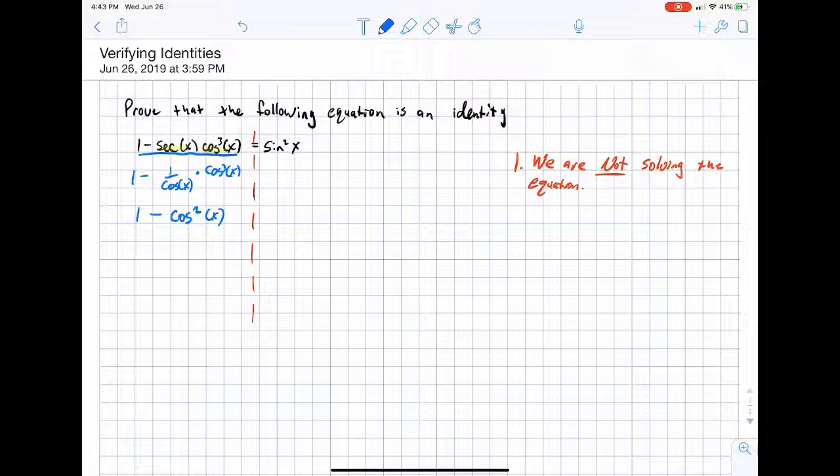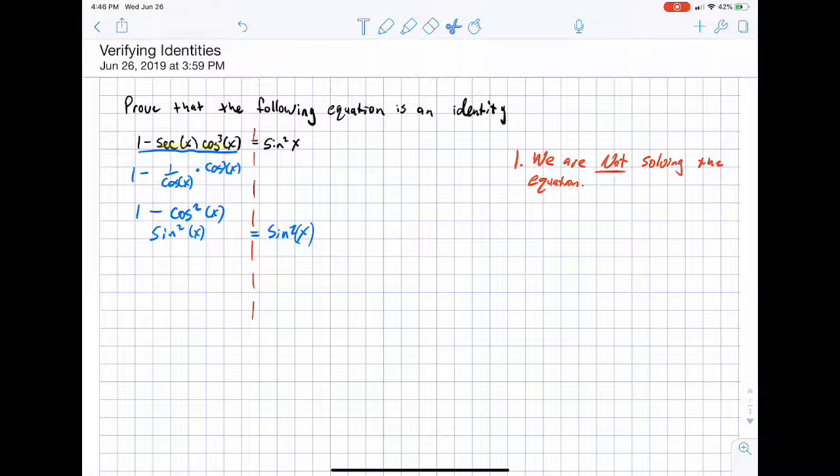Now, usually when I see some sort of expression that has a 1 and some sort of trig function that's squared, that tells me to probably look at our Pythagorean identities. As I look at my Pythagorean identity, I see that 1 minus the cosine squared of x is actually equal to the sine squared of x. And notice that that verifies the identity we were trying to prove.